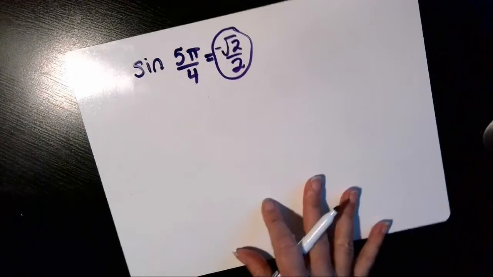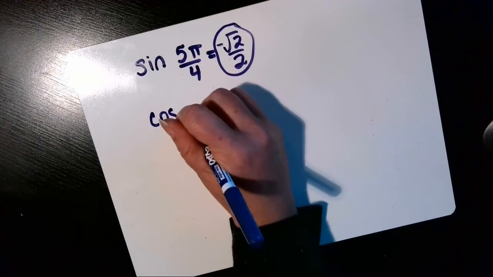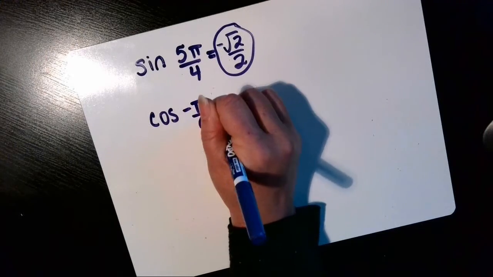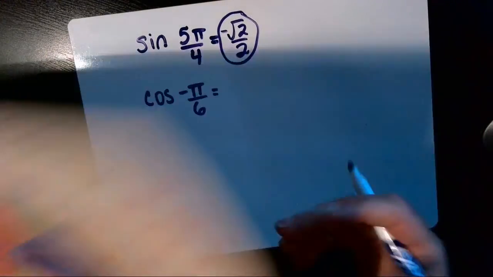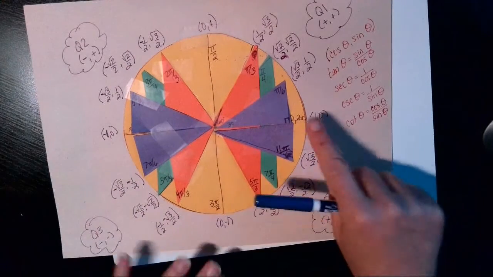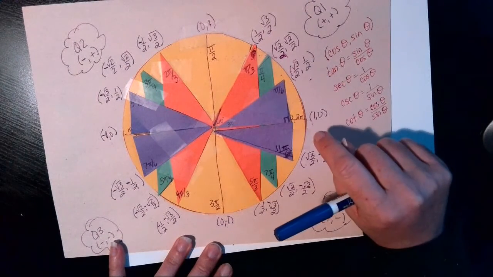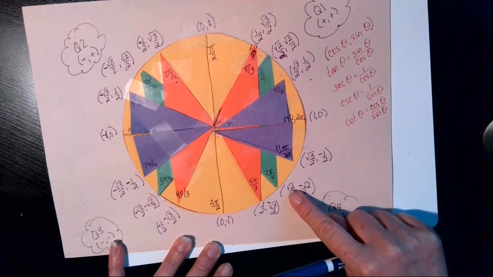And it's that easy. Okay, let's say I wanted to know the cosine of negative pi over 6. Okay, remember, negative angles go in the clockwise direction. So instead of going counterclockwise to pi over 6, because that would be a positive angle, I'm going to head clockwise in the negative direction.